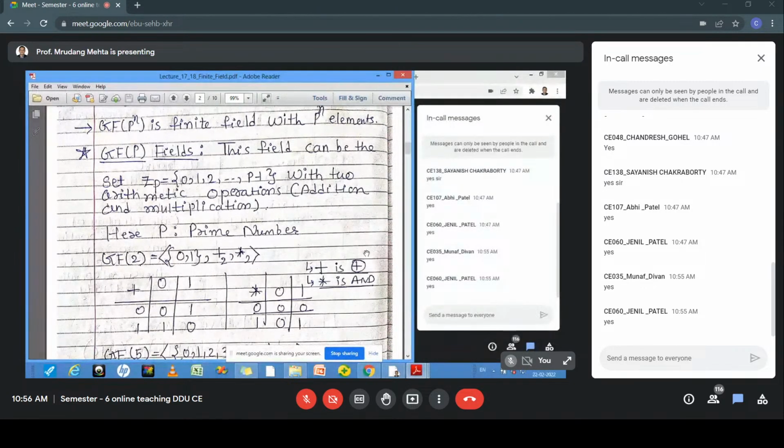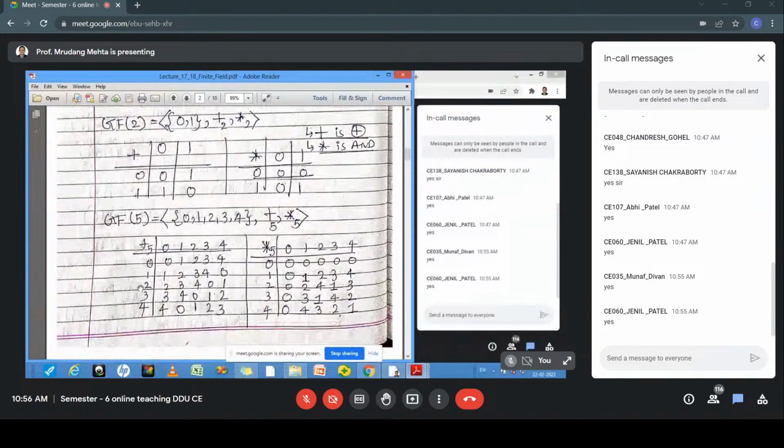Here addition is XOR and multiplication is AND. Let us see how the addition is carried out on these elements. In the row we have 0, 1, and in the column we have 0, 1. So 0 plus 0, that means 0 XOR 0, is 0. 0 XOR 1 is 1. 1 XOR 0 is 1. And 1 XOR 1 is 0. That you are aware of, right?